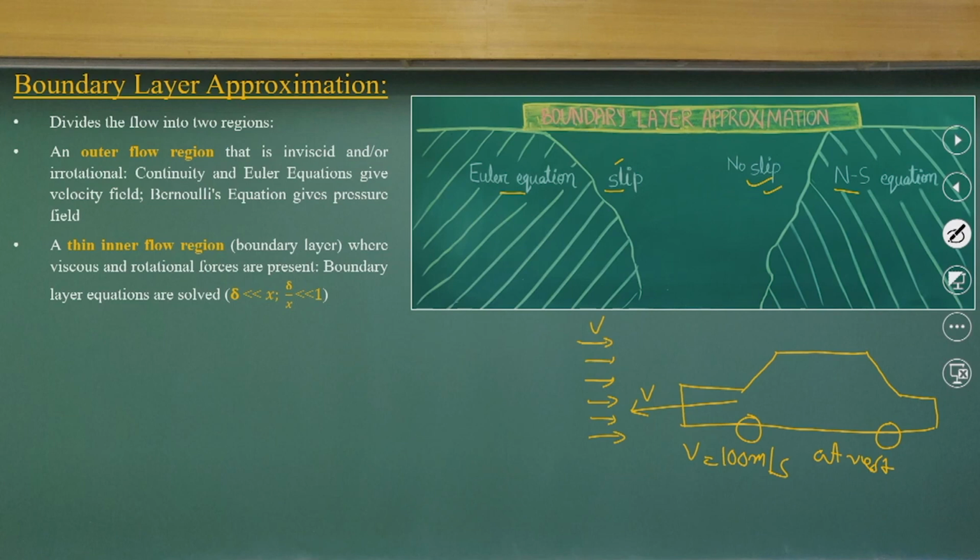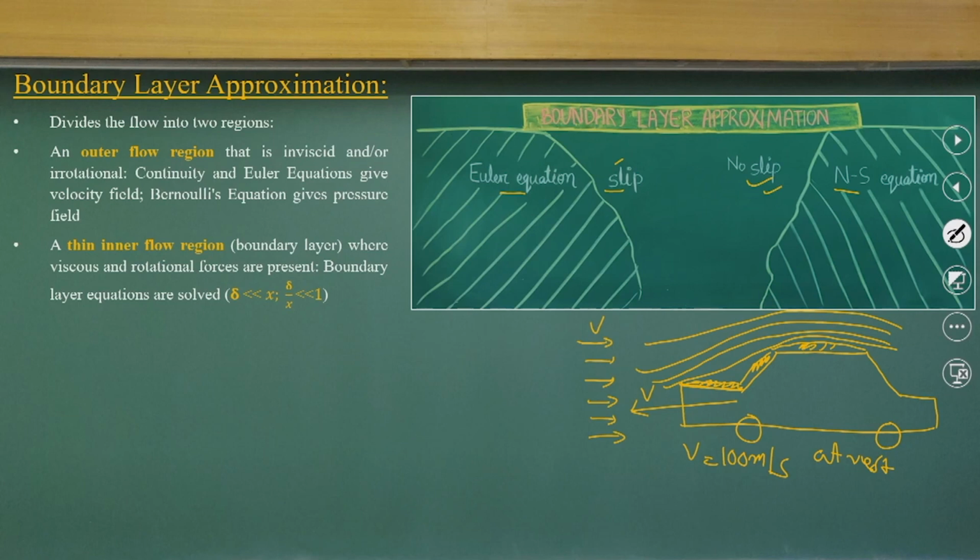If you do that, this is the free stream velocity. So, this is the front side of the car. So, there will be boundary layer formations happening here, and here, and here. At the top, the flow will go like this, where the Euler equations are valid.